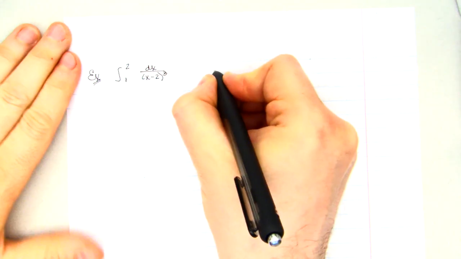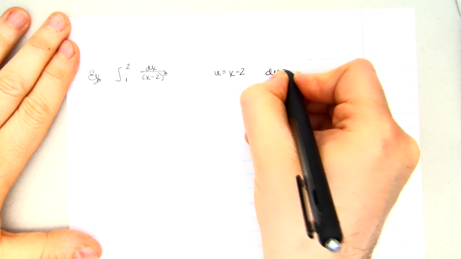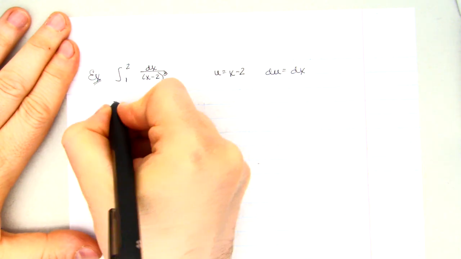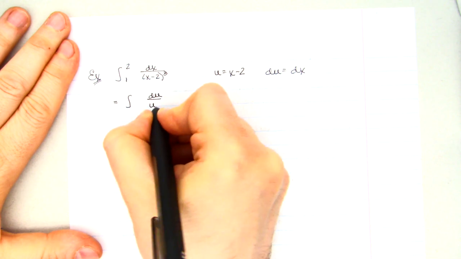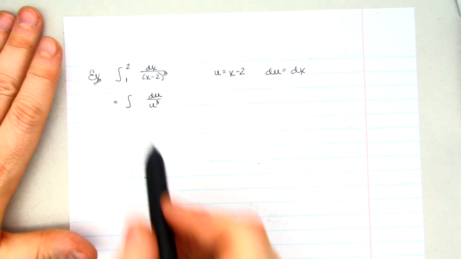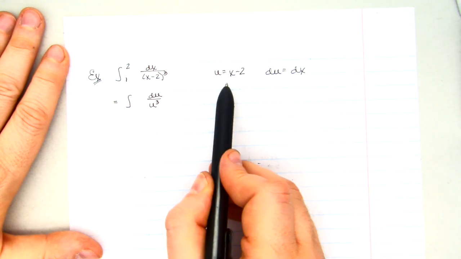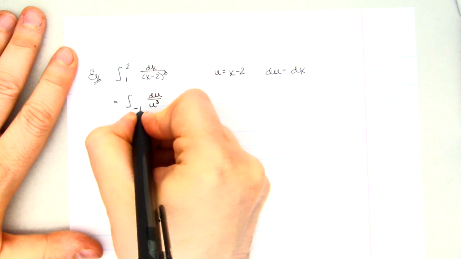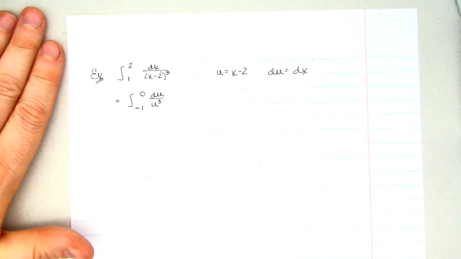So I'm going to say u equals x minus 2, and then du equals dx. And I'm going to turn this into the integral of du over u cubed. And now, since I am changing this into u values, I should also change my limits of integration. 1 will become 1 minus 2, or negative 1. 2 will become 2 minus 2, or 0.